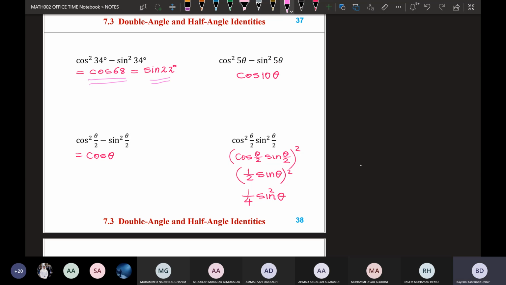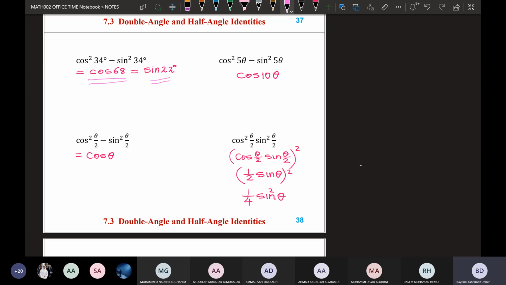Now we have the square of cosine theta over 2 times sine theta over 2. Of course, cosine theta over 2 sine theta over 2 is half of the sine theta. Again, sine of double angle identity, right? Double of theta over 2 is sine theta.